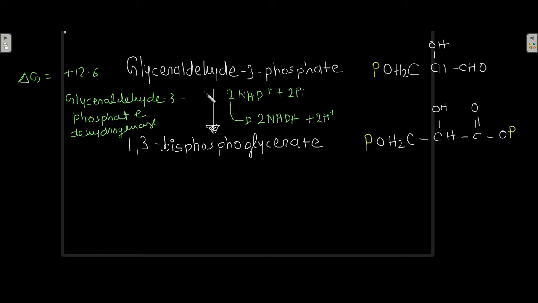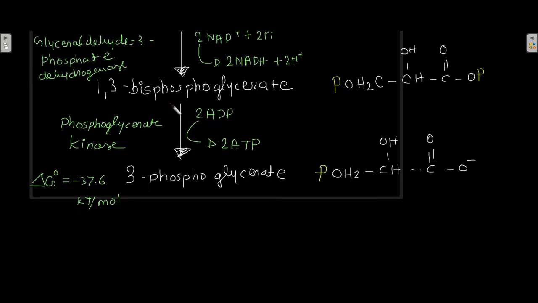During this reaction, 2 NAD+ and 2 Pi get converted into 2 NADH plus 2 H+, and this reaction is catalyzed by glyceraldehyde 3-phosphate dehydrogenase. The free energy is actually consumed here: it is plus 12.6 kilojoule per mole.